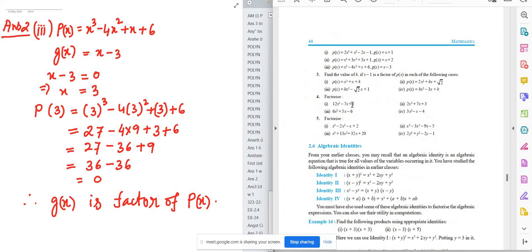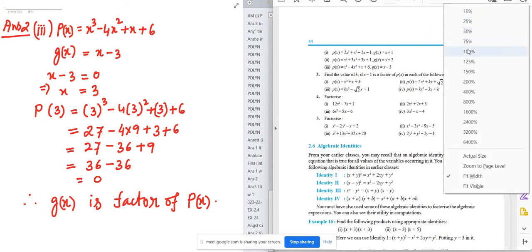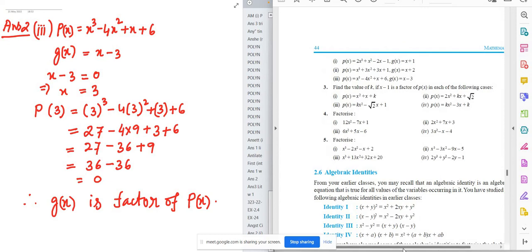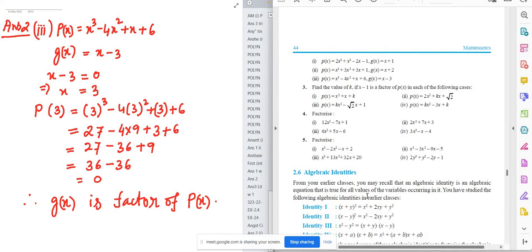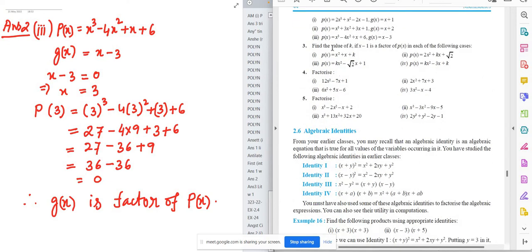Now question number 3. Read properly. Read this question. Find the value of k if x minus 1 is a factor of p(x) in each of the following cases. Find the value of k. And already we know x minus 1 is a factor of p(x).